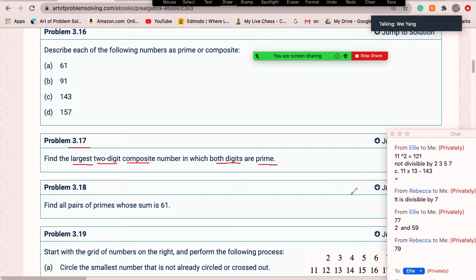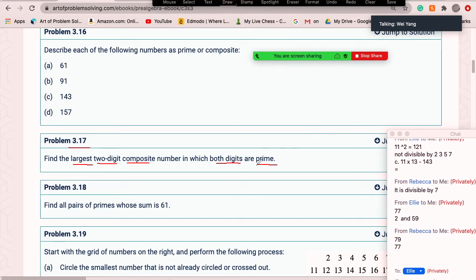Your answer is very close. See, in your answer, the 9 is not a prime number. They require the two digits to be prime. Yeah, now you're right. Very good.